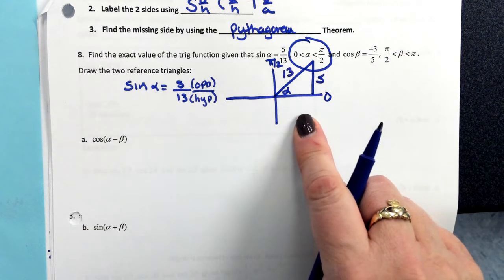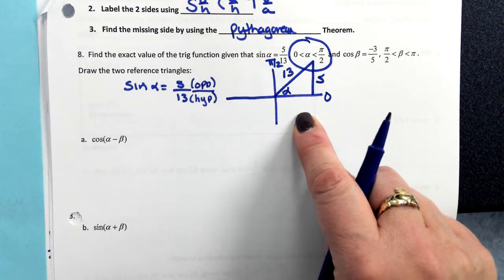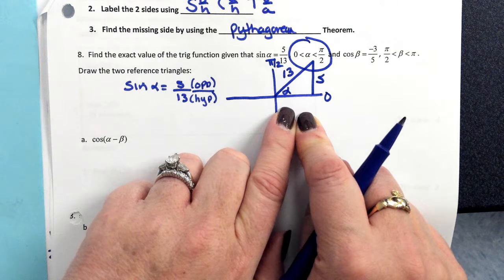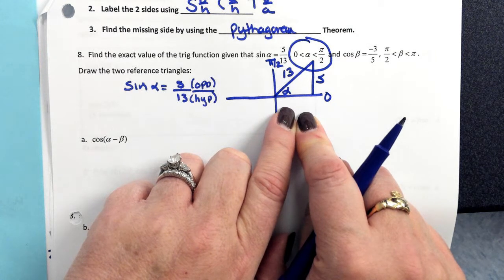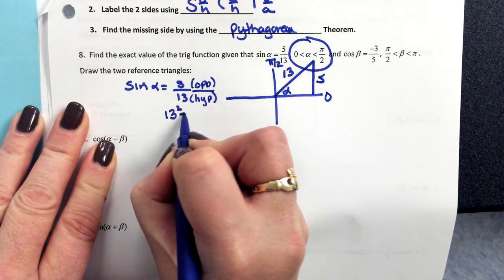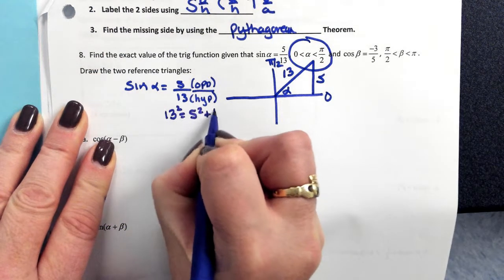So now using your Pythagorean theorem, or if you remember your Pythagorean triples from geometry, the adjacent side, does anybody remember what it would have to be? Well, then we'll have to use the Pythagorean theorem. 13 squared is equal to 5 squared plus b squared.